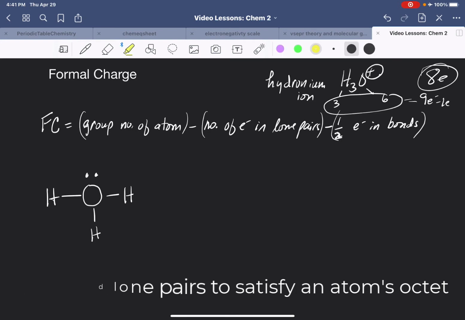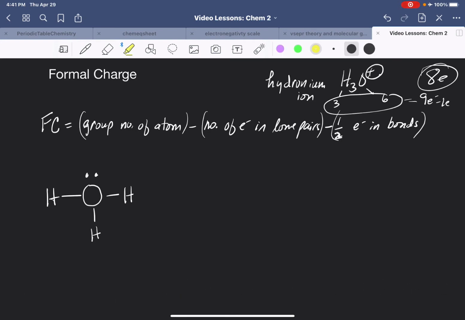That makes sense because now around the oxygen there's 2, 4, 6, and then 8. The octet rule is satisfied, and around each hydrogen the duet rule is satisfied with the electrons in each pair. This is an ion, so we always complete it by putting our charge symbol. In this case, it is positive, not negative.